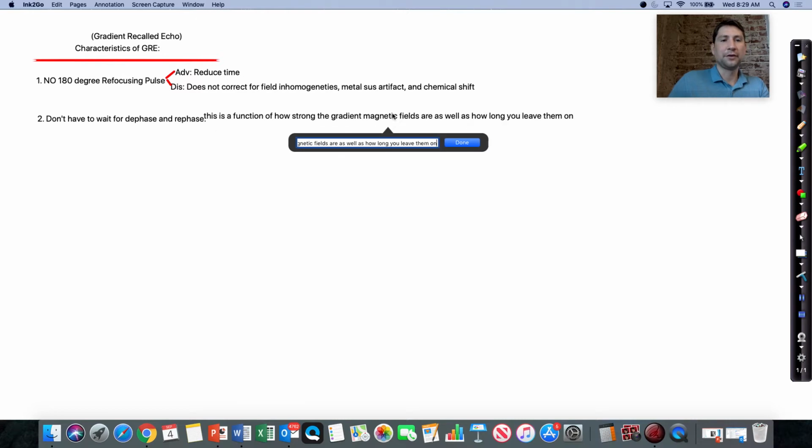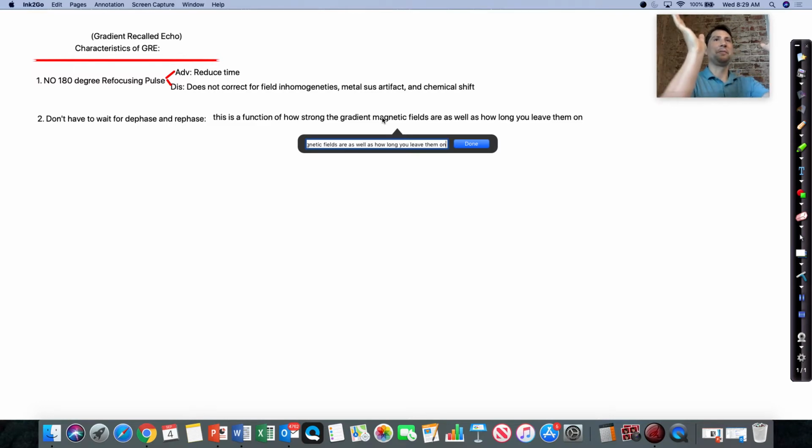So with spin echo, you had to wait for it to decay, that free induction decay. Let those spins decay. Took about 20 milliseconds on a T2 weighted sequence. Then we applied that 180 degree refocusing pulse. It allowed all those spins to go back coherent. And that took the same time, 20 milliseconds. And then you sampled the signal.